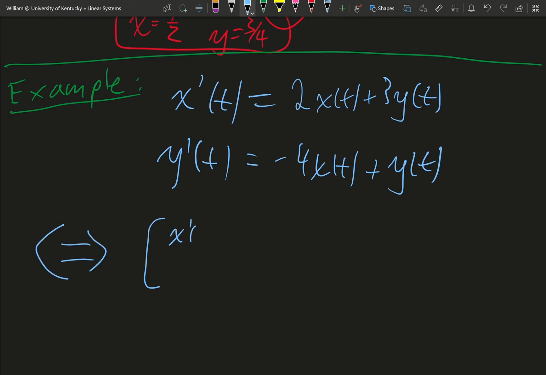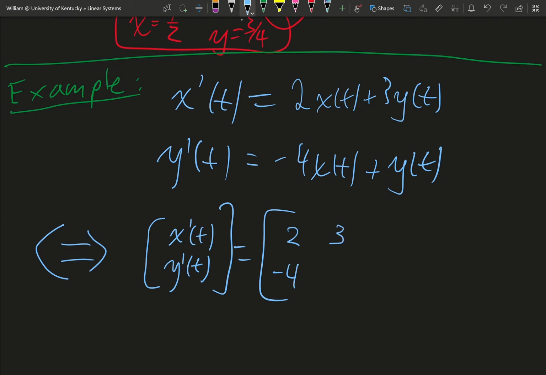So we'll have x prime of t, y prime of t, and this is what we're equal to. And then we can do the same thing for our coefficient matrix. So 2, negative 4, and 3 and 1. And then here are our variables, so x of t and y of t.